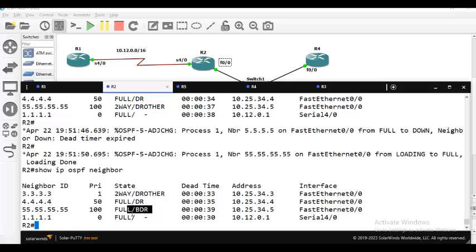OSPF DR BDR posting is non-preemptive. Non-preemptive means cannot be taken off in the middle. Once the election is over, need to wait for another 5 years. Need to wait till the OSPF process gets restarted.